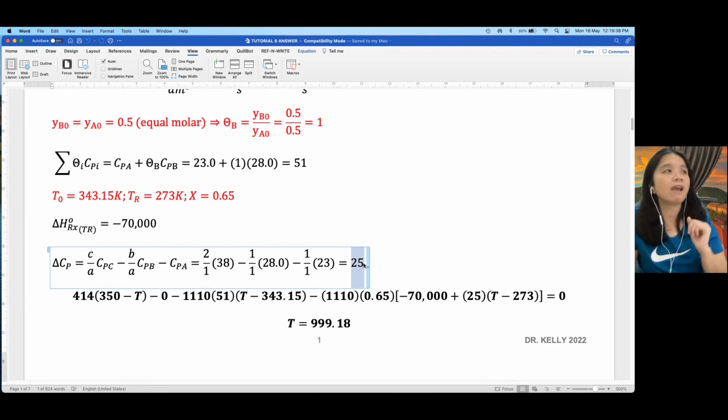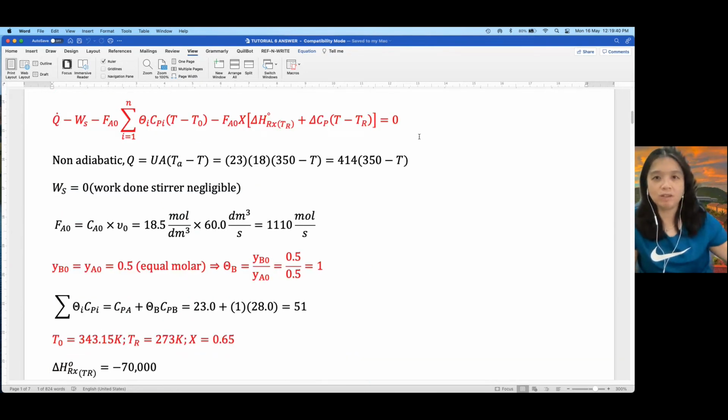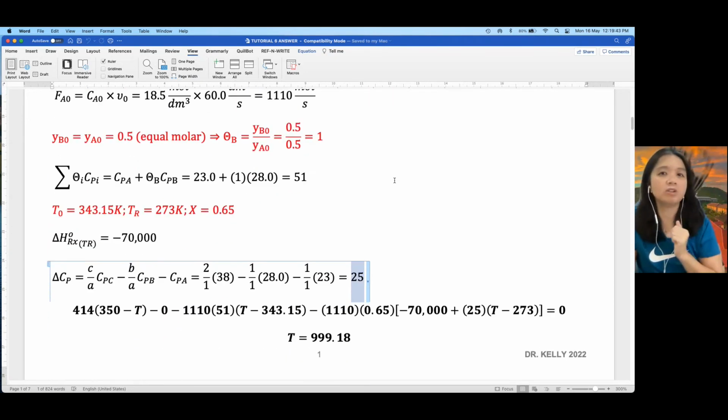So now I've obtained everything in my equation. So you may replace it finally into the final equation.